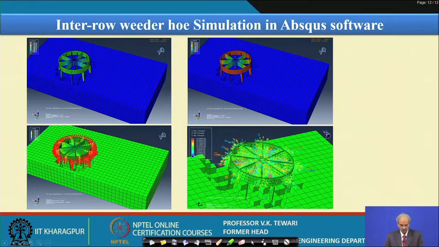Well, we were not satisfied only with that, we wanted to simulate the inter-row feeder hoe from the point of view of strength, and that is done in Abaqus software. Using Abaqus software, we have simulated the feeders, the system which we had designed, in order to find out what stresses are coming onto these, what forces are there, and how we can minimize them, what sort of material we need so that it can sustain over a period of time when it goes in the field.